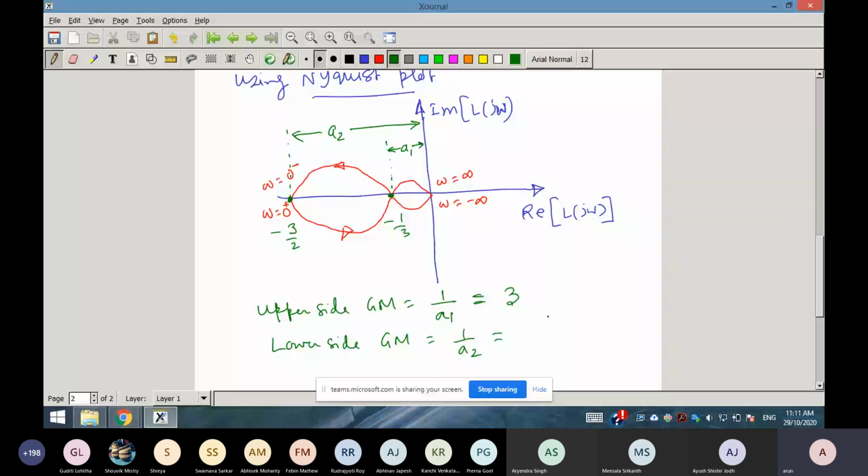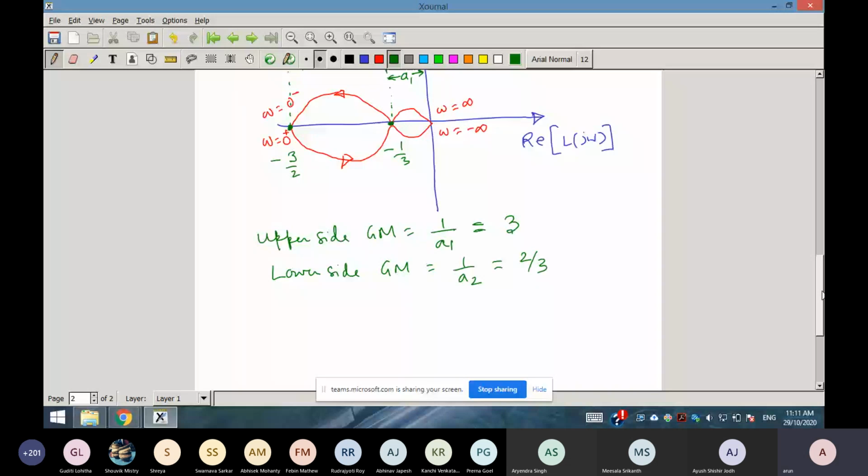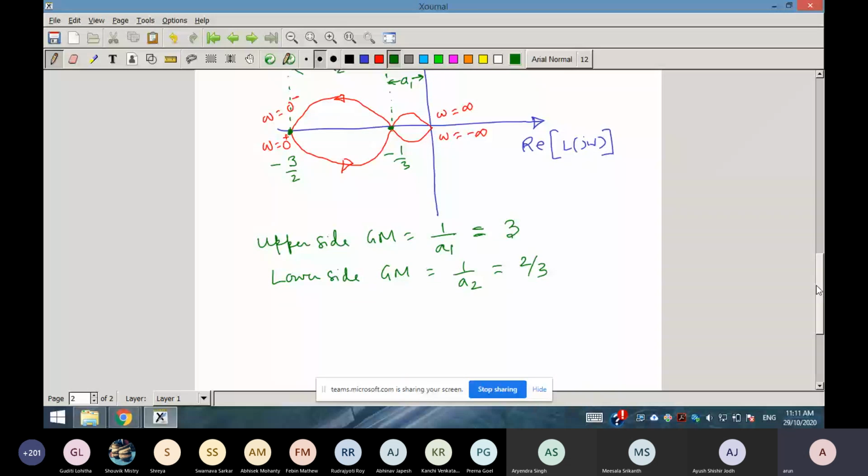So in this way you can use it. One important thing is that the Nyquist plot is always symmetric with respect to x and y axis. So lower side gain margin and upper side gain margin exist, but for phase, the plus or minus phase that has to be inserted into the loop so that the closed loop system becomes unstable will remain the same.